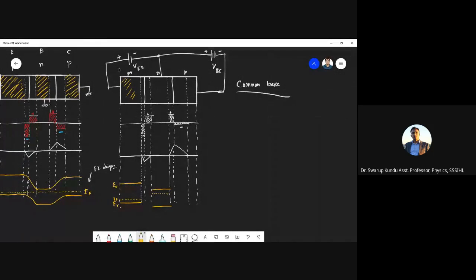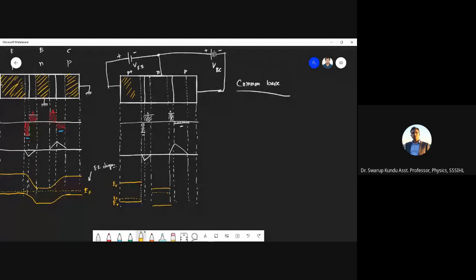See, this is P and N. Okay, remember this is the P side, this is the N side. In forward bias, the Fermi level is going up. Now the base-collector junction is in reverse bias. But you see the position of N and P. Now they are changed. In this junction, P is on the left, N on the right.